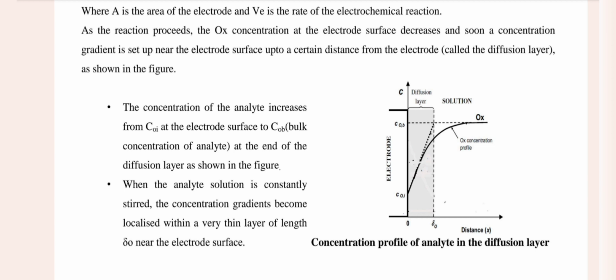The dotted line indicates the stirred solution, where the diffusion layer thickness is very low. If it is not stirred, the curve extends further into the solution. This is what is meant by the diffusion layer.